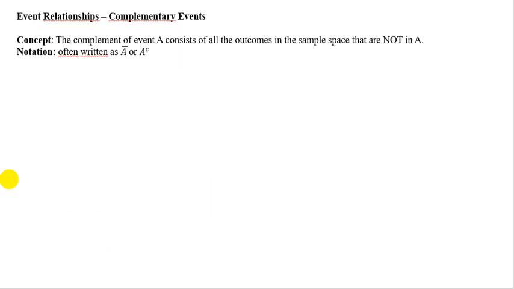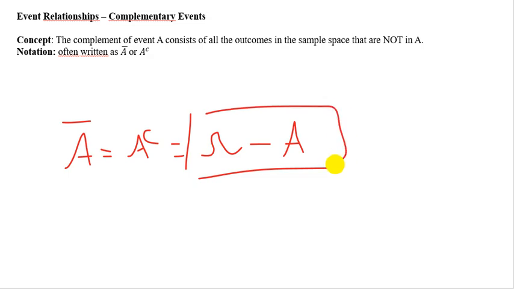Now another relationship is complementary events. The complement of any event, let's say A, contains all the outcomes in our sample space that are not in A, which means A bar, the complement of A, or A^C, is omega minus A. So if we add A and A bar, we get omega.